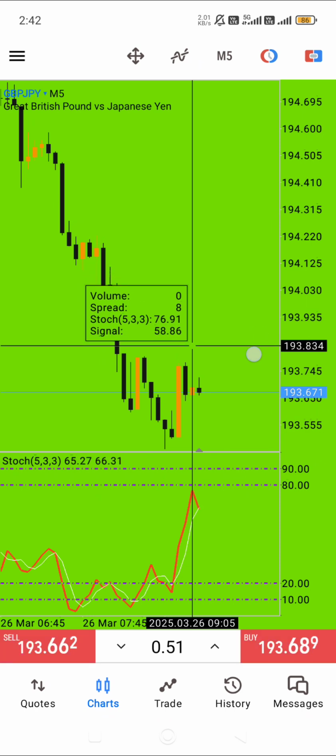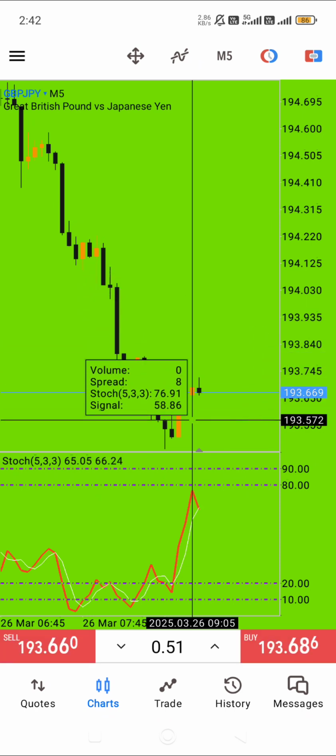If the market goes to the 10 and 20 level, then it will go up, nearby chances, since they are oversold.